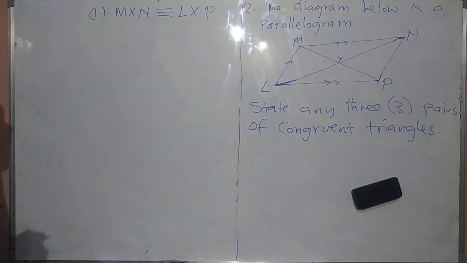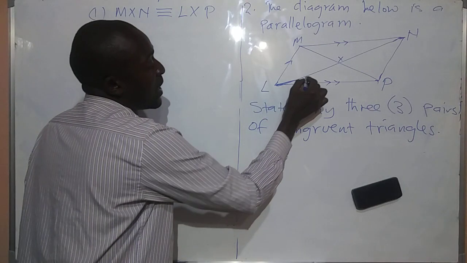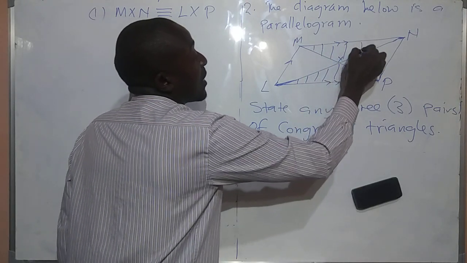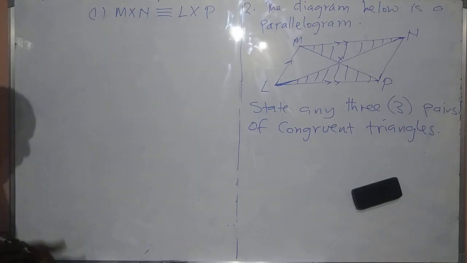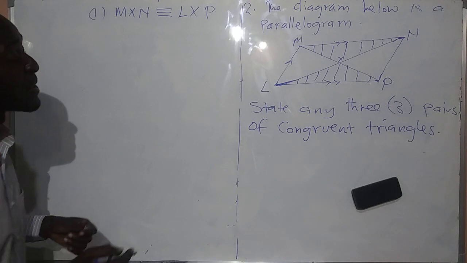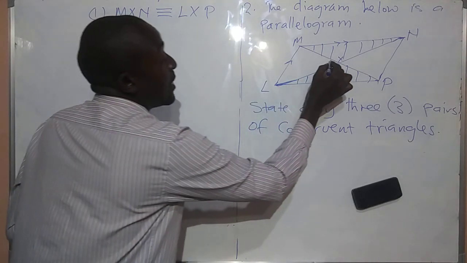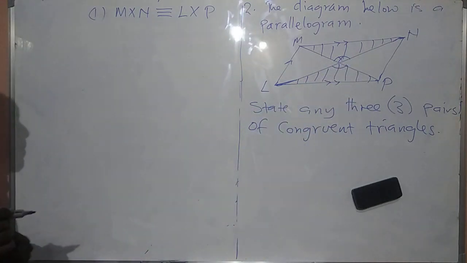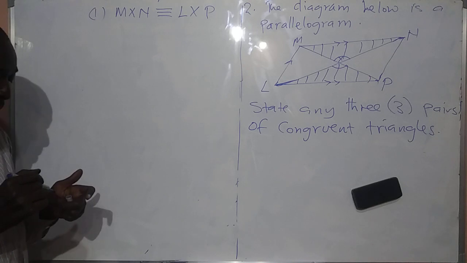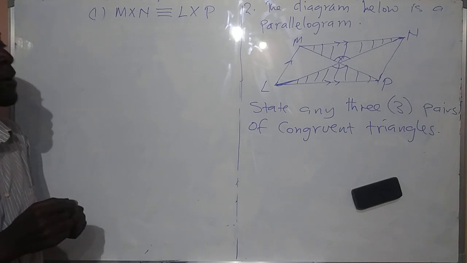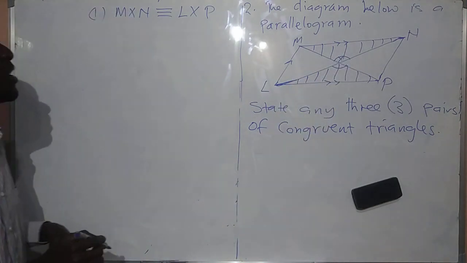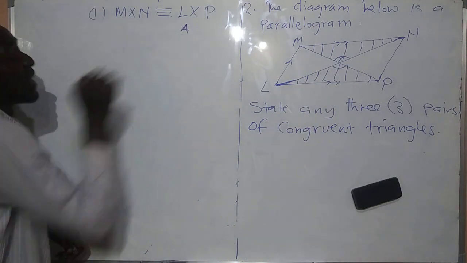So this triangle here and this one here are congruent because, number 1, this angle is equal to this one. Those 2 angles are equal. When there's an X that has been made, the 2 opposite angles are equal. So we have a pair of angles that are equal.